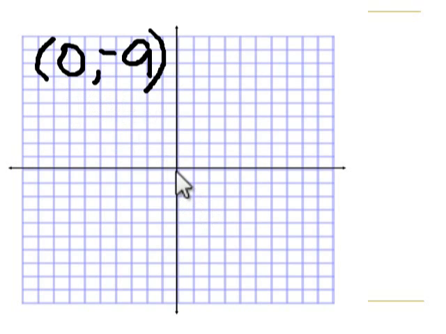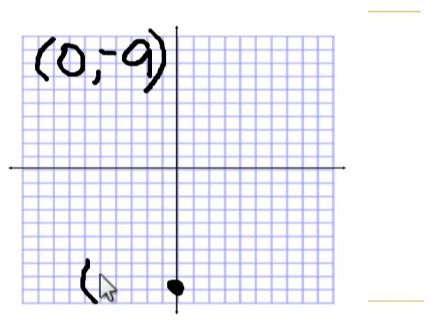So that means I'm not going to go any place on the x-axis. So I'm just going to stay right here. And then from there, I have to count 9 down because it's negative on the y-axis. So I'm going to count down 9. 1, 2, 3, 4, 5, 6, 7, 8, 9. So that would be the ordered pair 0, -9.